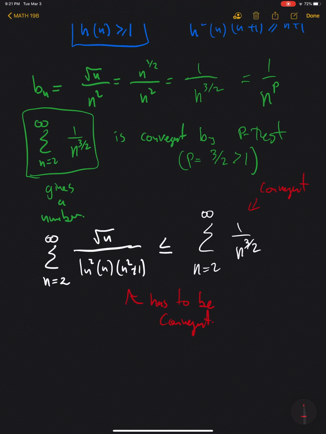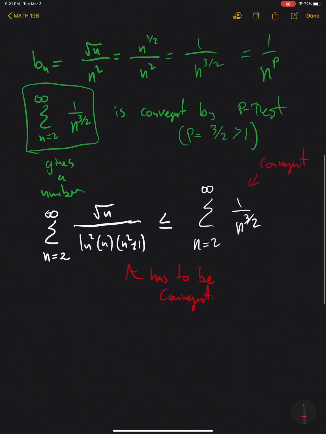I don't know what the number is, but since this is a positive series and it's bounded from the top, it also has to be convergent. I don't know what the number could be, but I know that there is a number. That is the logical argument I was looking for, to tell me whether or not the original expression was an actual number.